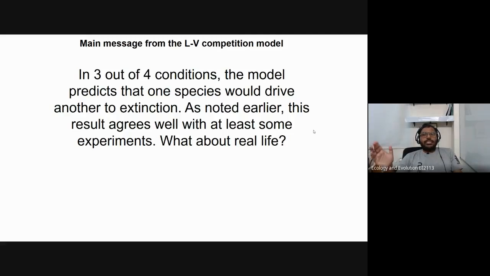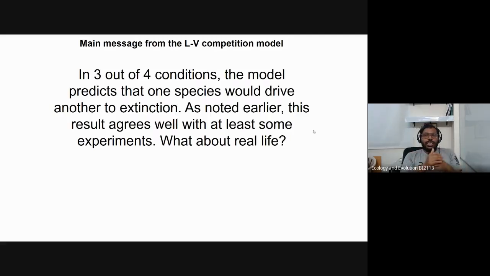You have 2 species competing, then one is going to drive the other to extinction, right? So with this, it looks like our model is at least qualitatively capturing some aspect of the empirical observation.